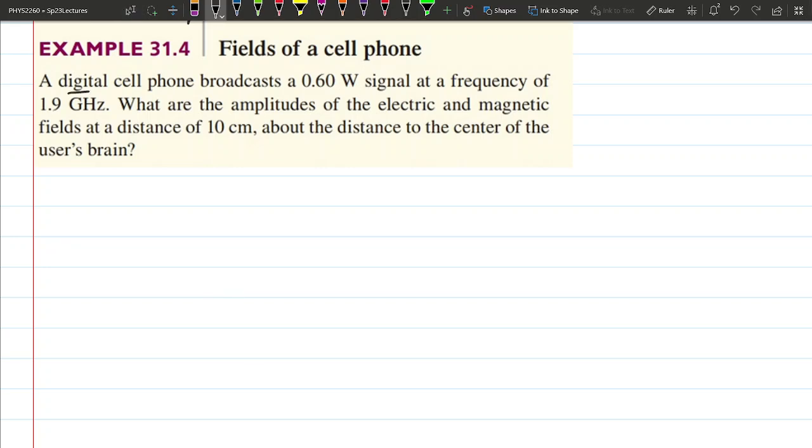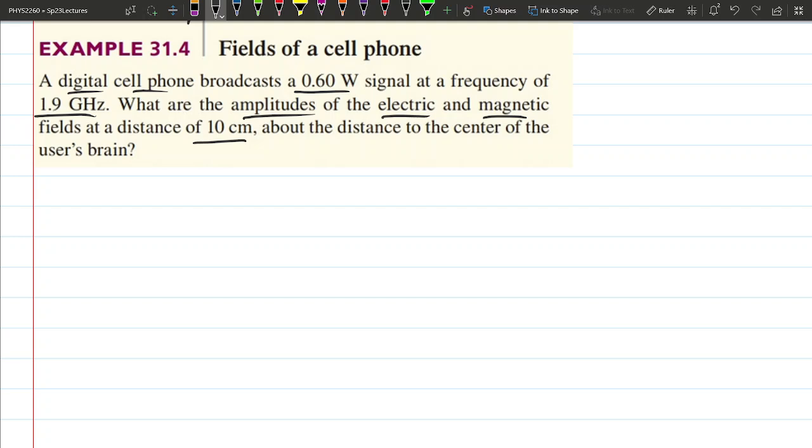Let's say we have some digital cell phone that broadcasts at 0.6 watts of power at a frequency of 1.9 gigahertz. We want to find the amplitude of the electric field and the magnetic field at 10 centimeters away, at the user's brain. The phone is broadcasting some amount of power out, and we want to figure out how much it is affecting my brain.